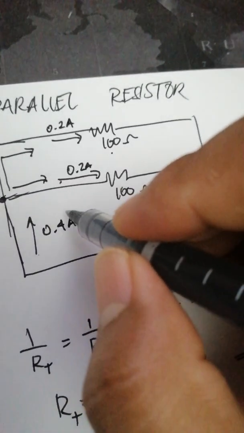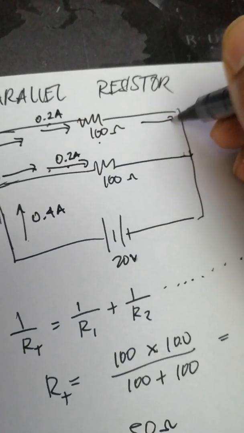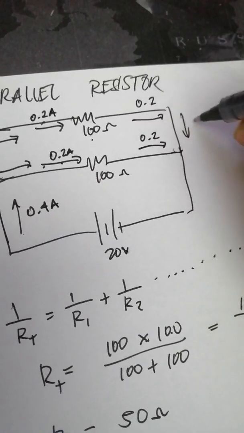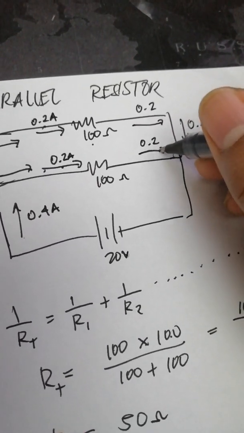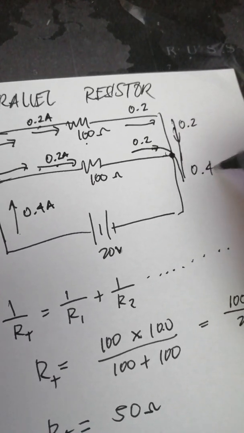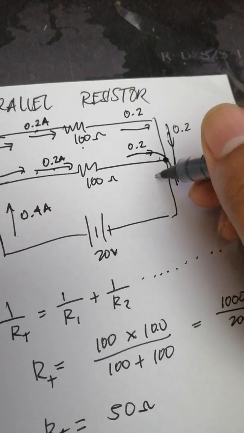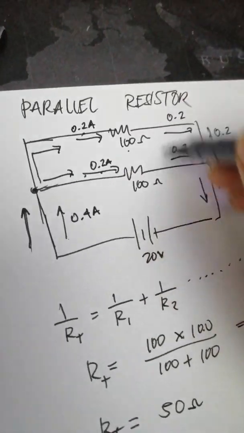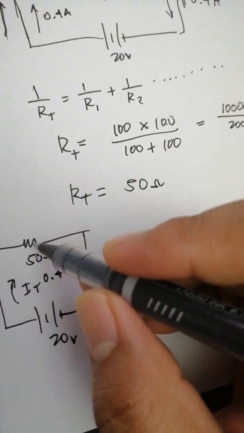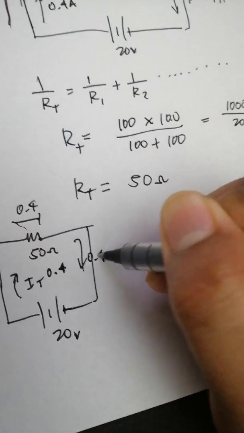Now if we go here, 0.2 goes out again here, 0.2, and this one is like 0.2 again, right? Now they will be combined with each other on this junction, thus we have the 0.4 ampere again. So that proves the theory that when you simplify these two resistors to be like this, it would be 0.4 and then here 0.4.